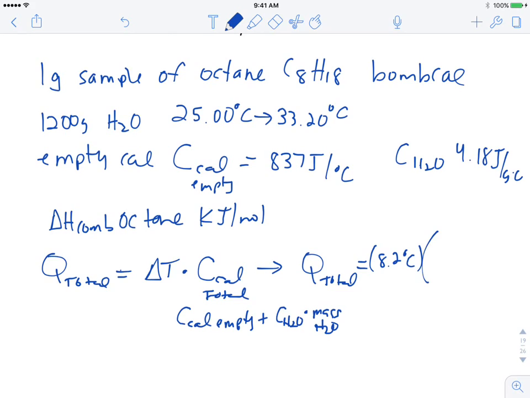That would be equal to 837, that's the calorimeter empty, plus the specific heat of the water. Remember, the calorimeter constant is joules per degree Celsius. The specific heat of water is 4.18 joules per gram degree Celsius times the mass of water, times 1,200 grams.